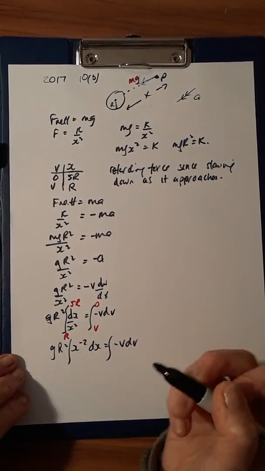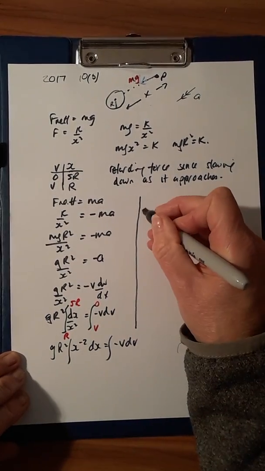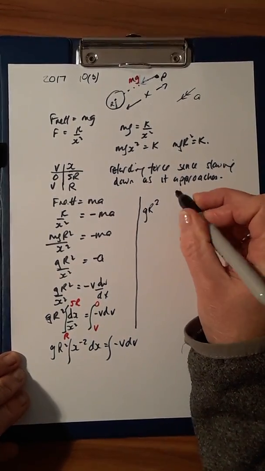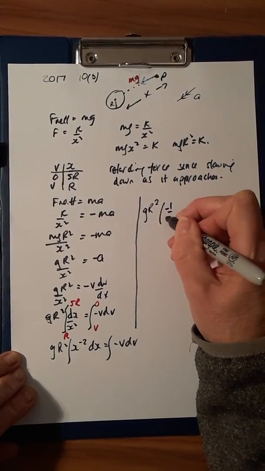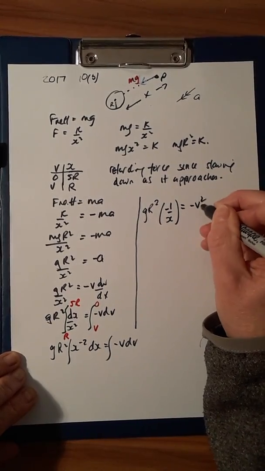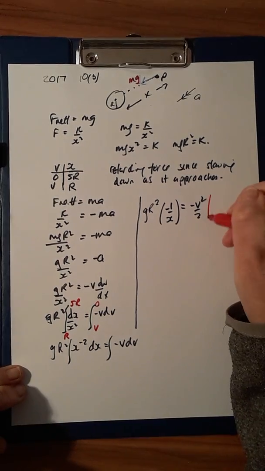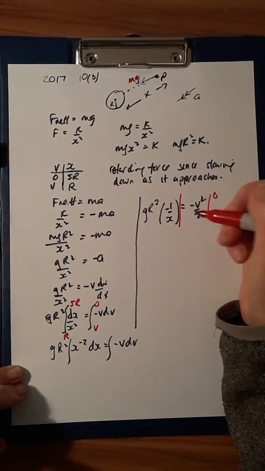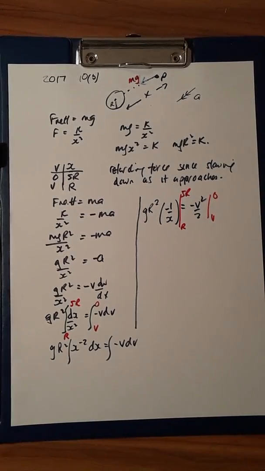When I integrate this it becomes minus 1 over x, and that's equal to minus v squared over 2. Again, my limits are going from 0 to v, and this one is going from 5r to r.